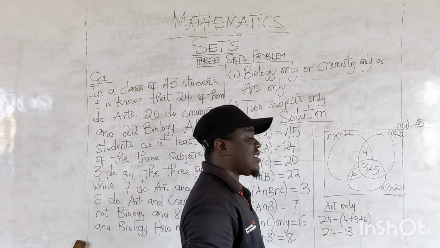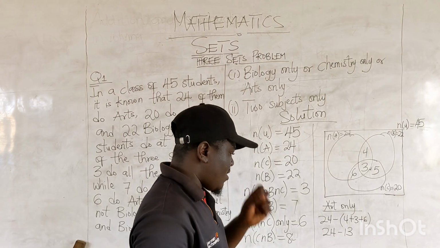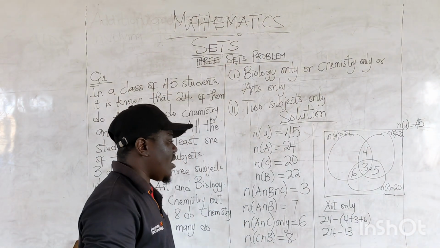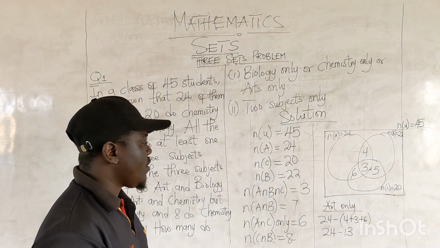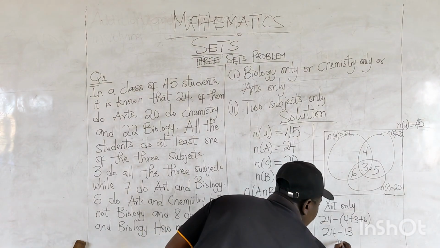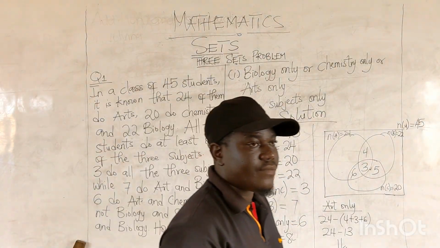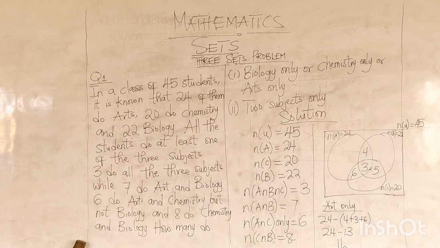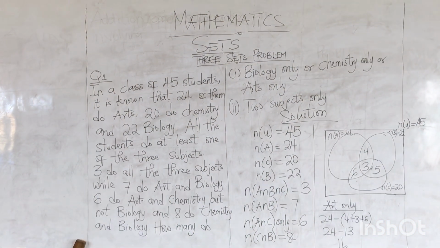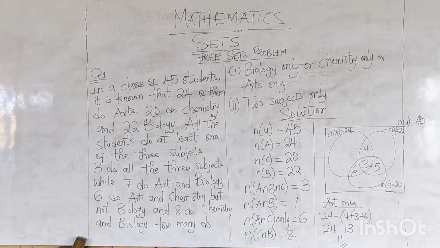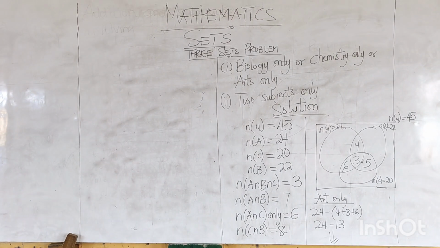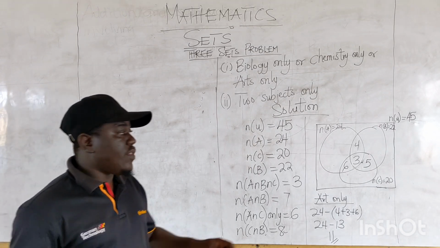And when I do my subtraction, 13 being subtracted from 24 should give me 11. Therefore, arts only is 11. Alright, so we are done with the arts only.